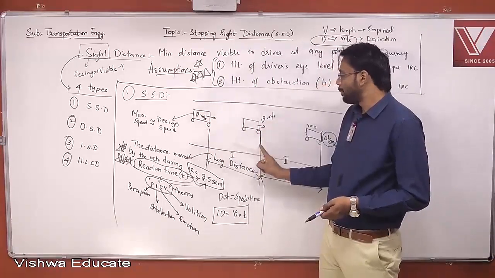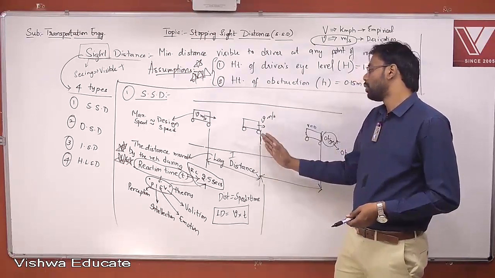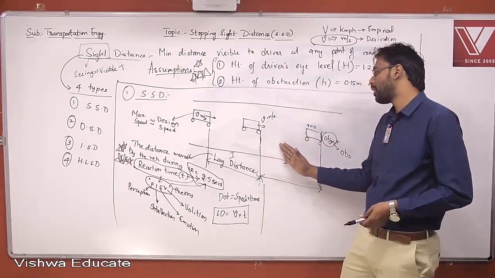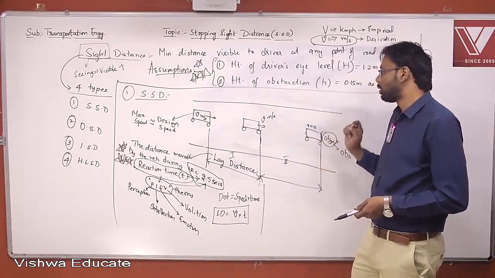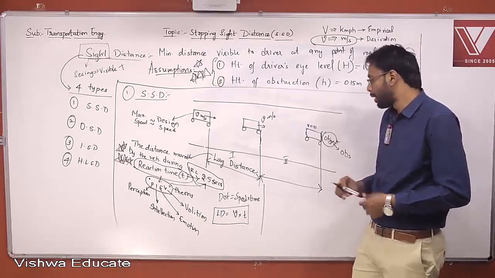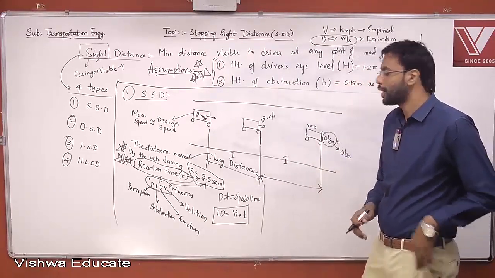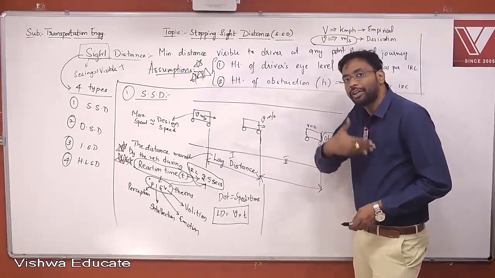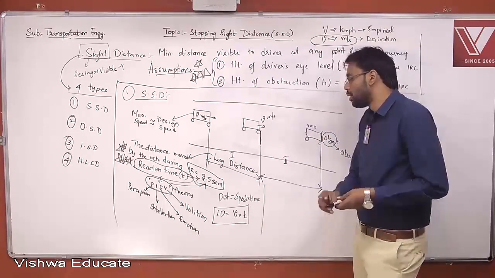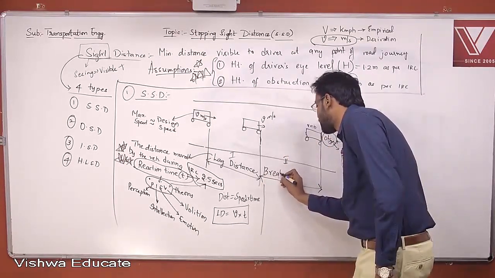Now, after coming to here, you have decided that you need to apply the brake. So you have applied the brake and the velocity goes on decreasing and finally it stops. So velocity is 0. Now, what can I call this distance as? Very simple, right? This is the distance moved by the car after the application of brake. So I call this distance as braking distance.